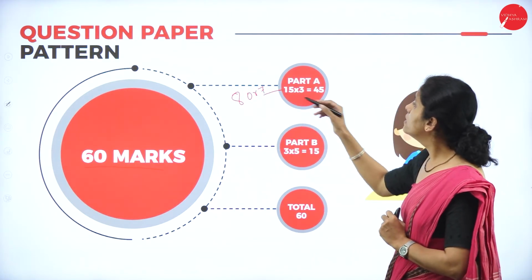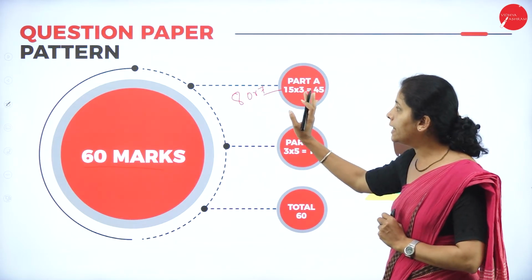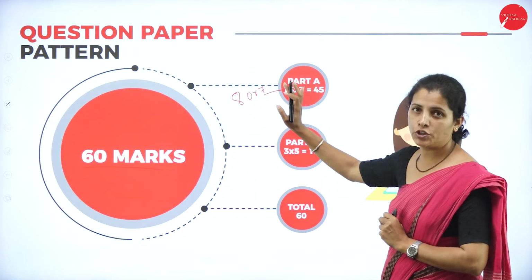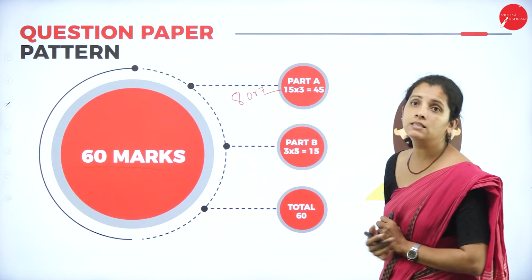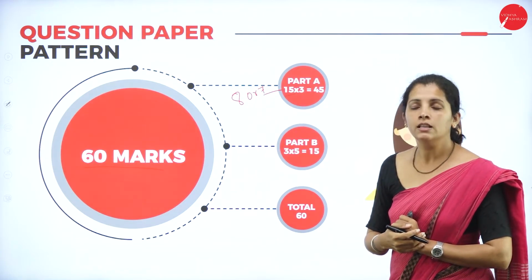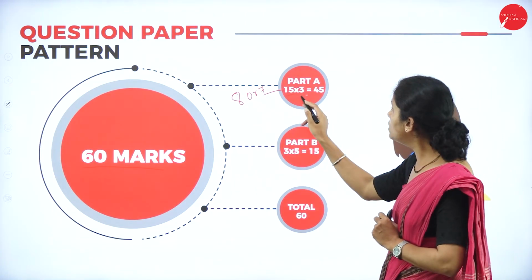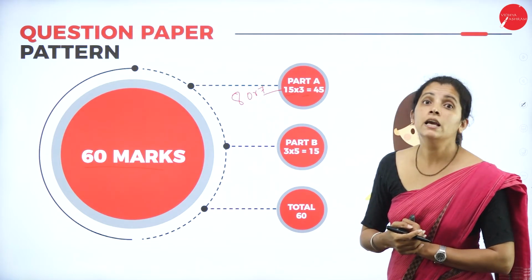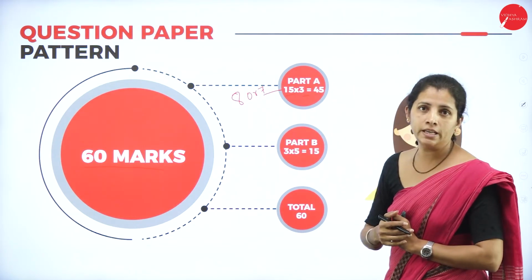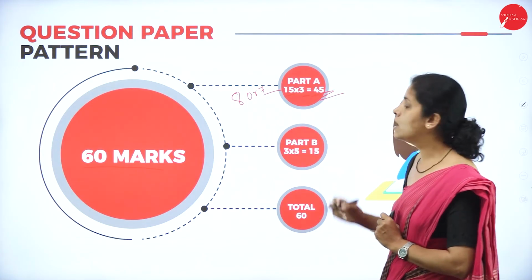That means here you're going to get an 8 mark question and a 7 mark question. By adding 8 plus 7, we get 15 marks. Now, you have to answer any 3 questions. 3 into 15 is 45 marks.